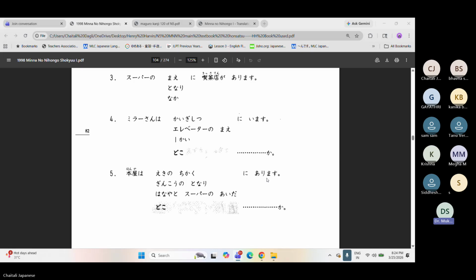Okay. Thank you, ma'am. Honya wa eki no chikaku ni arimasu. So bookstore is near the station. Chikaku is near. Eki is station. So again, when you are pinpointing an exact location, there will be no particle ga.